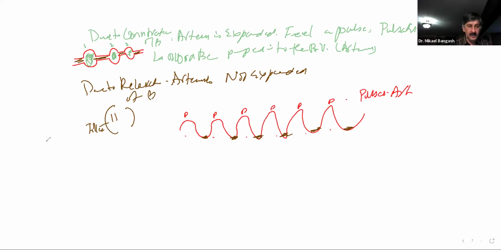During these points where we feel a pulse, the blood flow through the arteries is at its highest, where it comes in a burst with intervals in between.